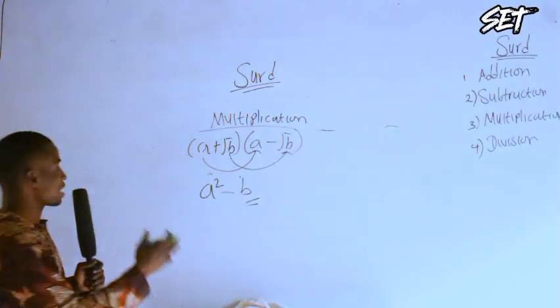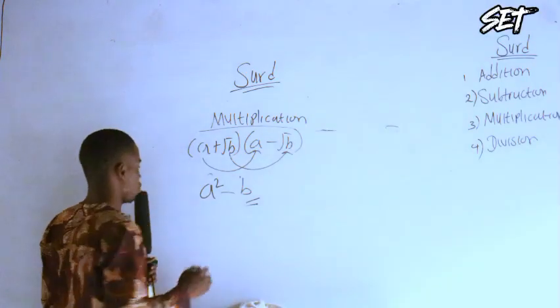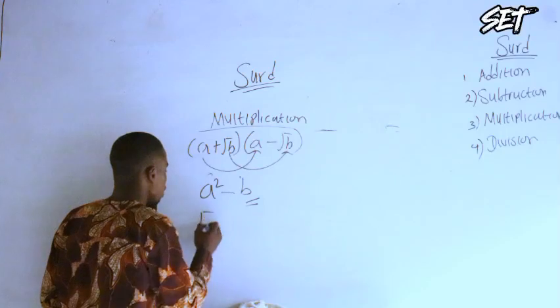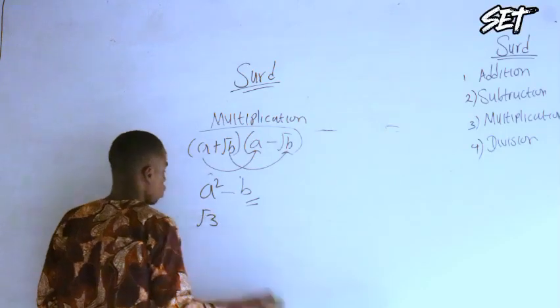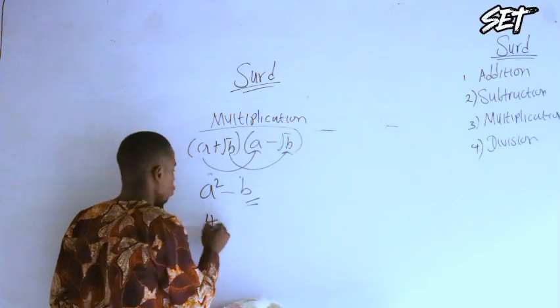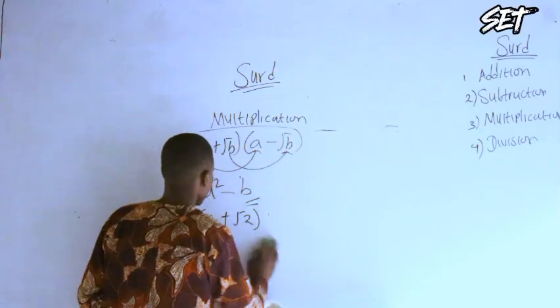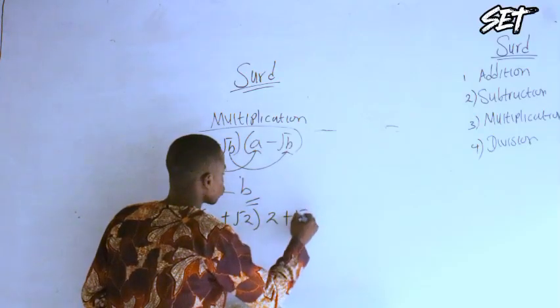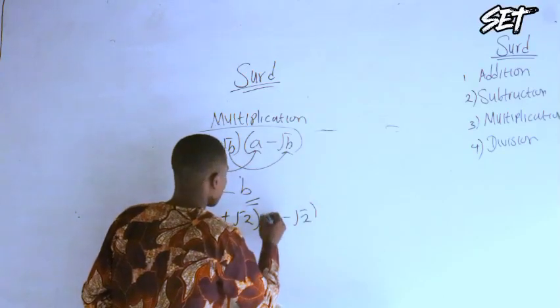Now, let us look at the example, what this one means. Let me use numbers: we have 4 plus root 2, bracket, 4 minus root 2.